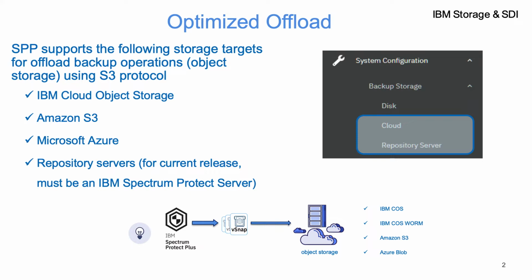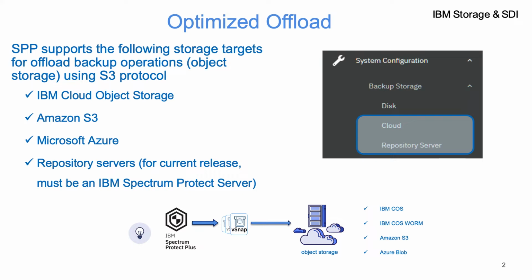Now, the term offload may sound misleading because it sounds like we are moving something from one place to another. In fact, we are making copies to lower cost S3 storage repositories and giving you the ability to set longer retention policies for those copies.